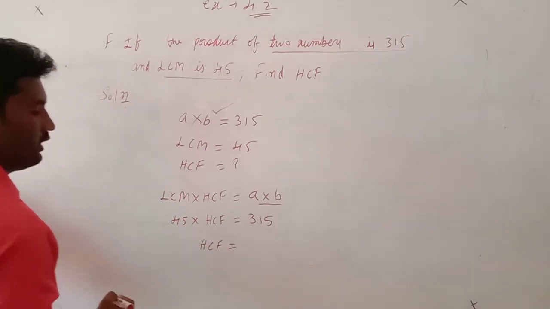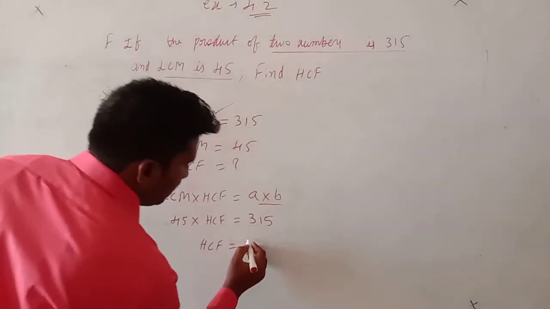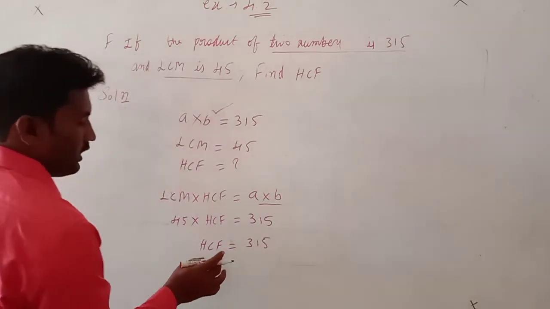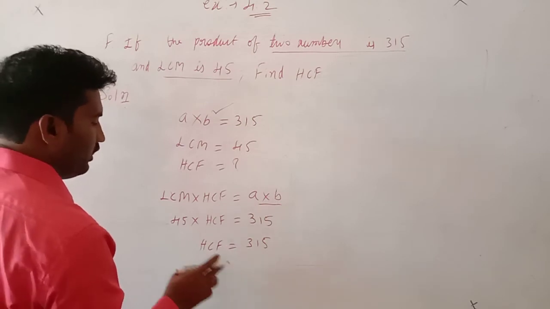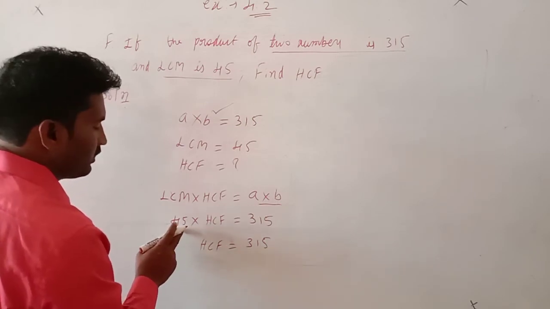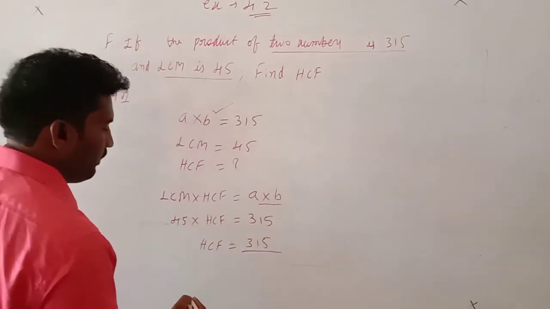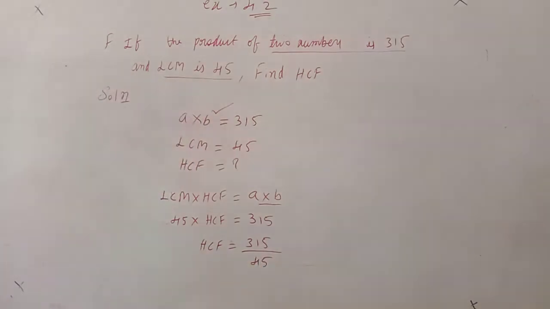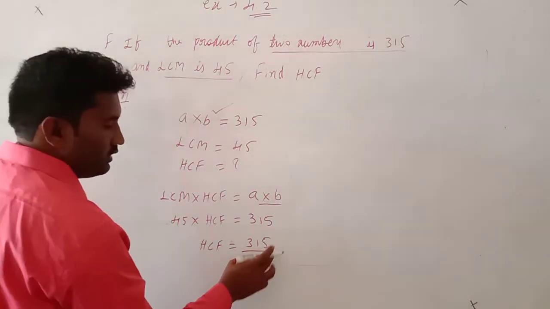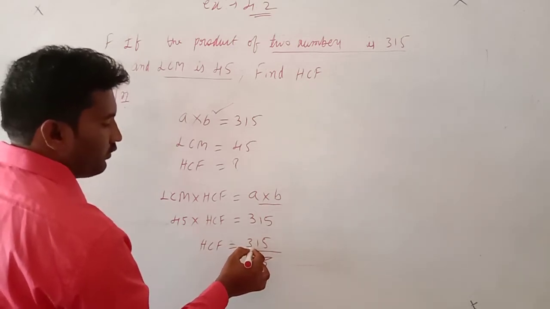Sending 45 to the right side, its sign changes from multiply to divide. So HCF equals 315 divided by 45. We can divide by 5, since the last digit is 5: 5 nines are 45, and 5 times 0 is 5.